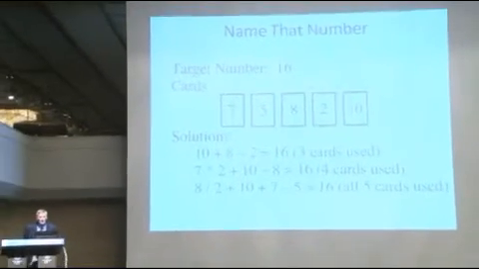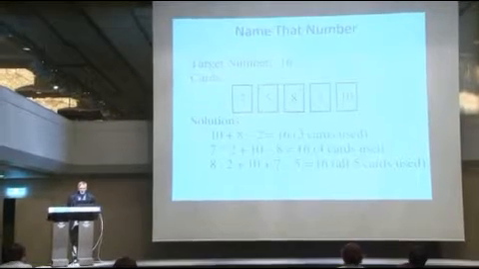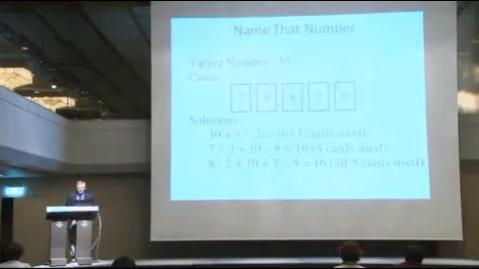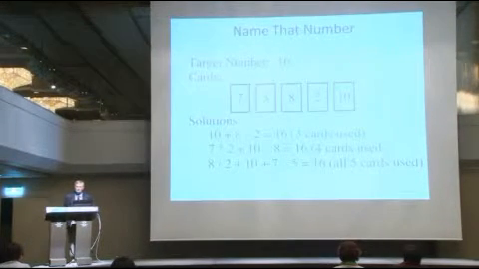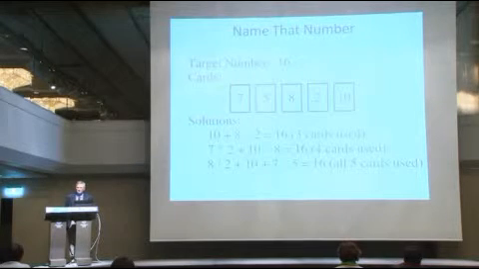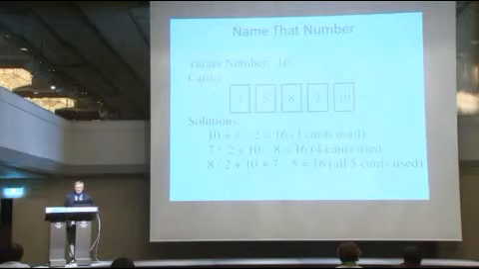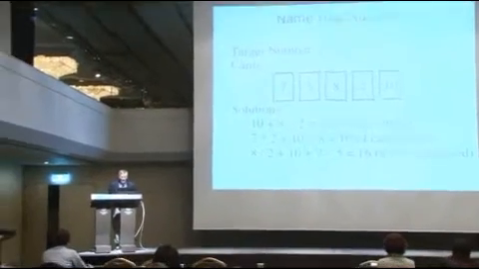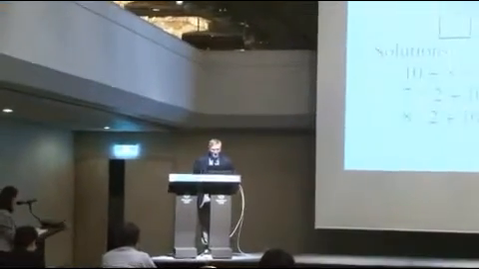In Name That Number, there's a target number. Here the target number is 16. The children get 5 cards to make that number. The cards here are 7, 5, 8, 2, and 10.